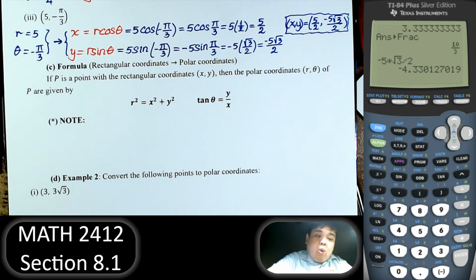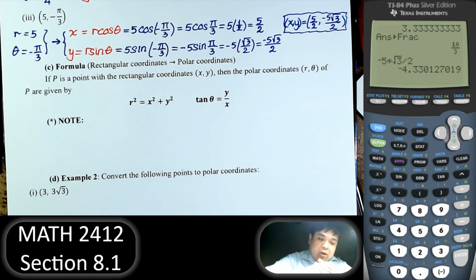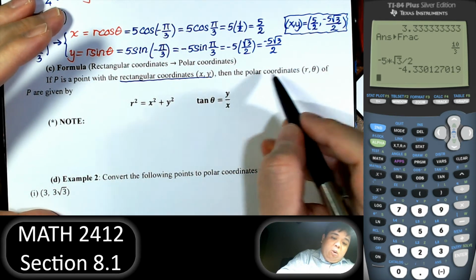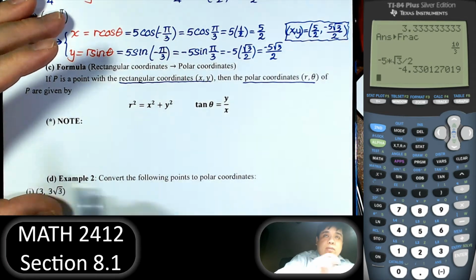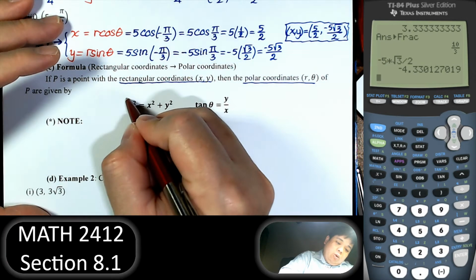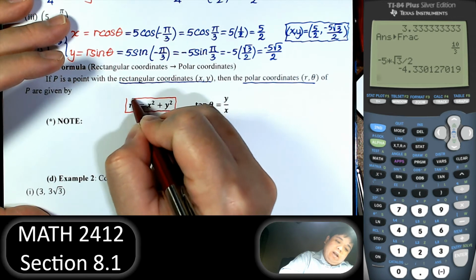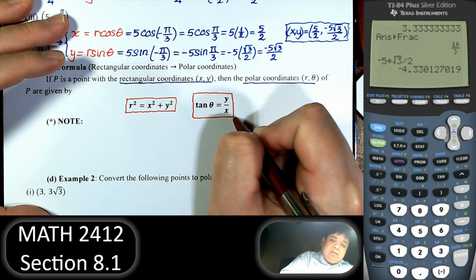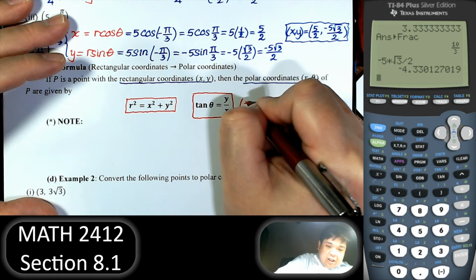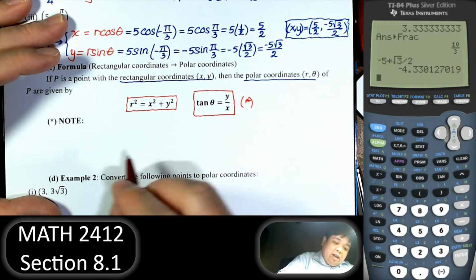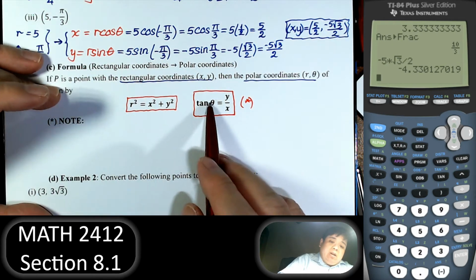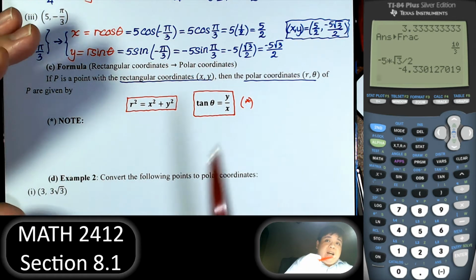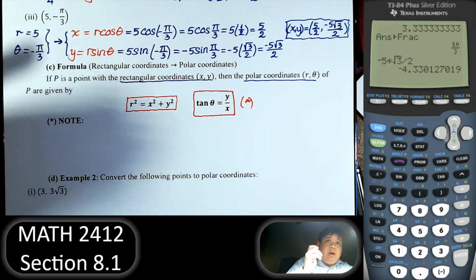Now, rectangular coordinates to polar coordinates. Rectangular coordinates is when we have x and y, and polar coordinates is where we have r and theta. When we convert this, of course, we always have r squared equal to x squared plus y squared, and tangent theta is y over x. There's nothing new here, right? But I put an asterisk here. That is for the note. Remember, when we do the tangent inverse, it will give us the answer in quadrant 1 and quadrant 4.